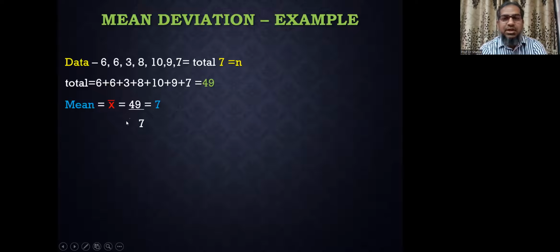First we have to calculate the mean, because the mean is not given, only observations are given. For calculation of mean deviation, we need the mean. So the first step is to calculate the mean. The total is 49 and the number of observations is 7, so we divide 49 by 7. The mean for these observations is 7.